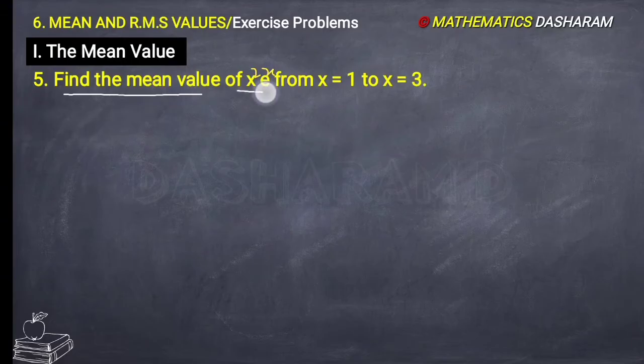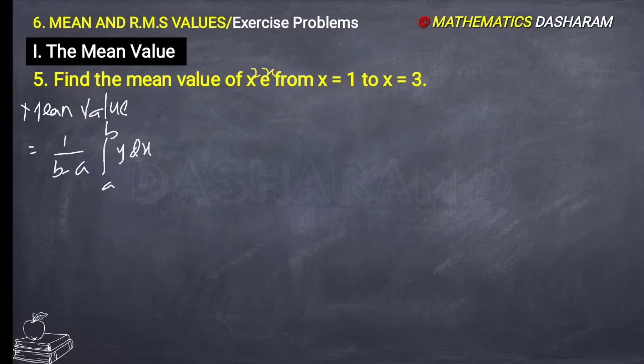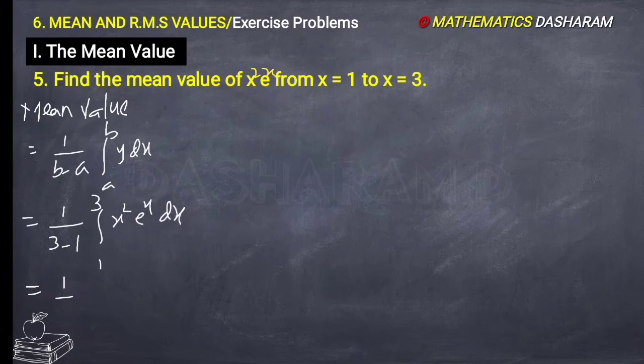Find the mean value of x square into e power x from x equals to 1 to x equals to 3. So it is equals to 1 by b value 3 and a value 1 integration 1 to 3, so y means x square into e power x dx. So it is equals to 1 by 3 minus 1, 2.